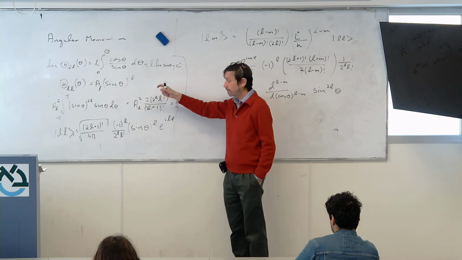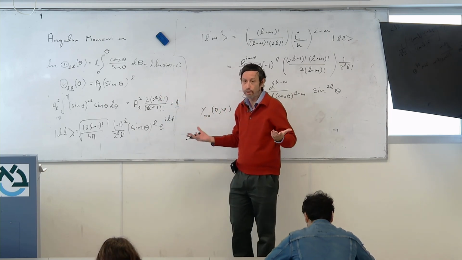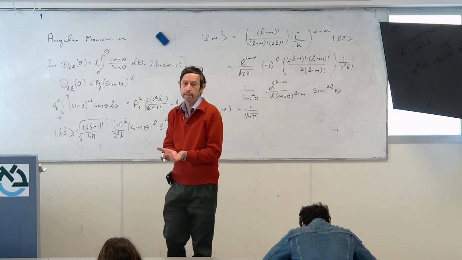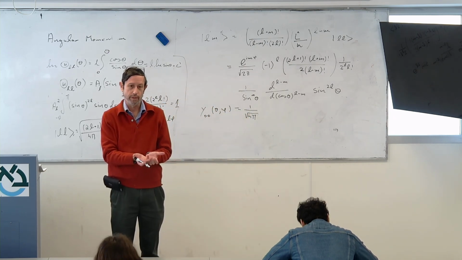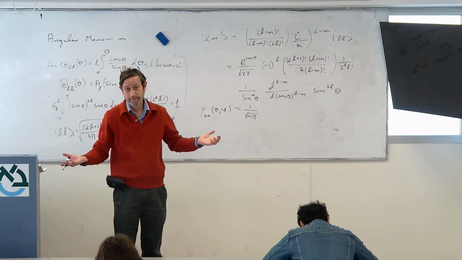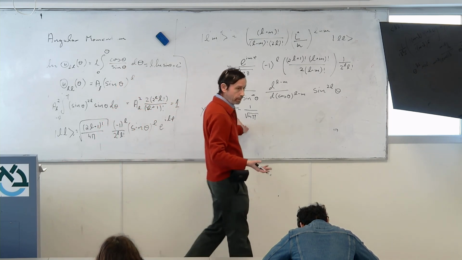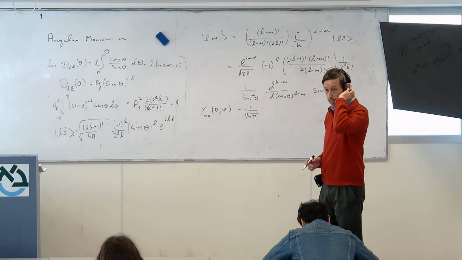Sine to the power 0 is just a constant, and all I'm left with is the normalization over a spherical integral of a constant, which is 4 pi. So normalization will force me to write down 1 over square root of 4 pi.